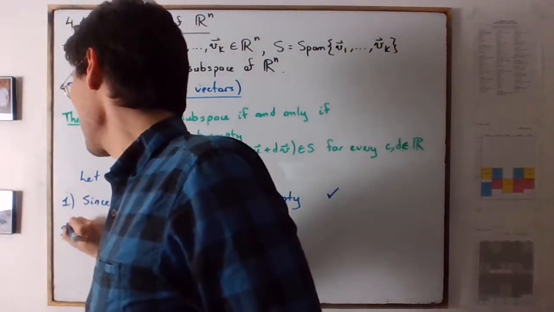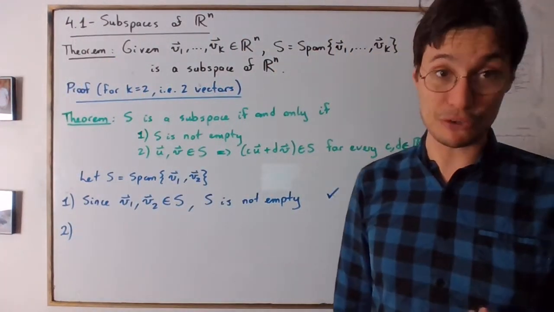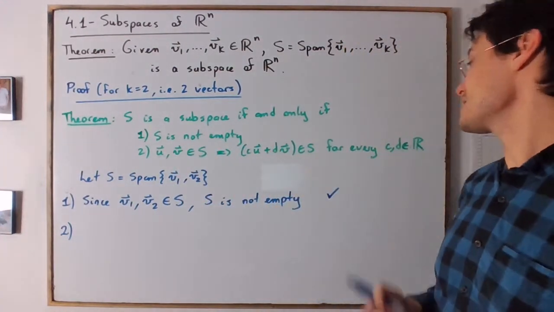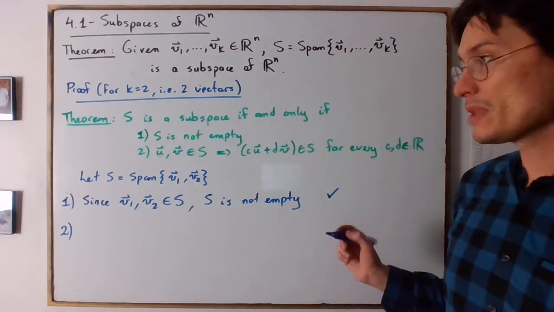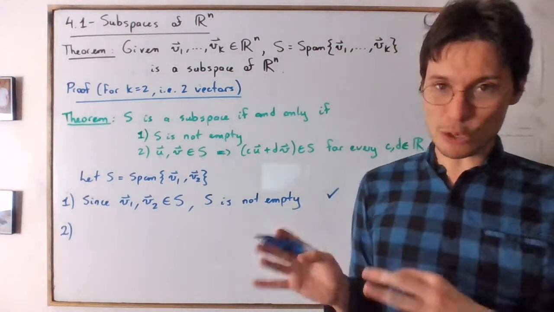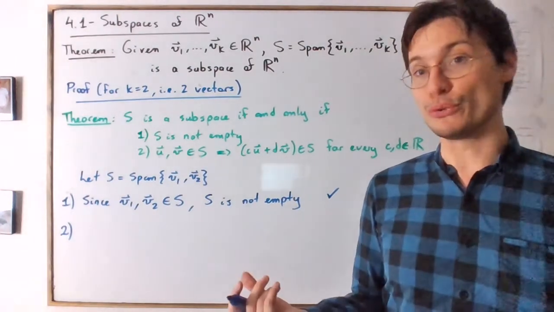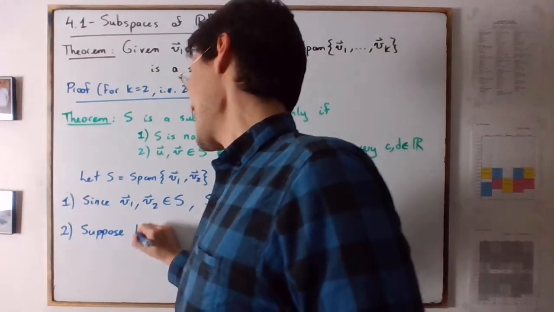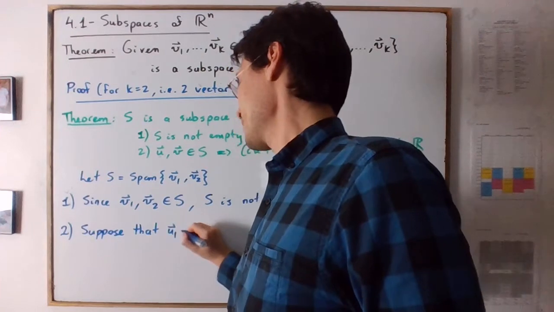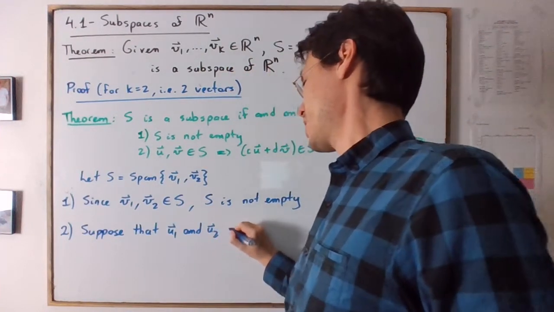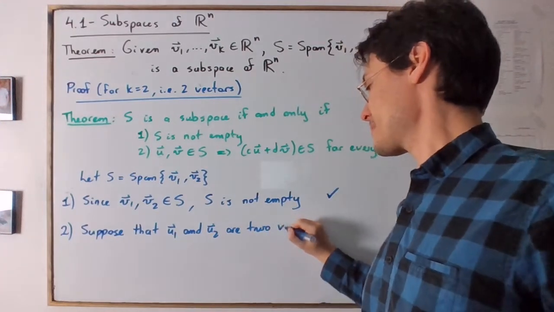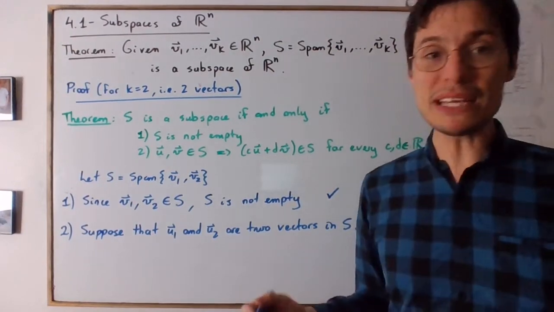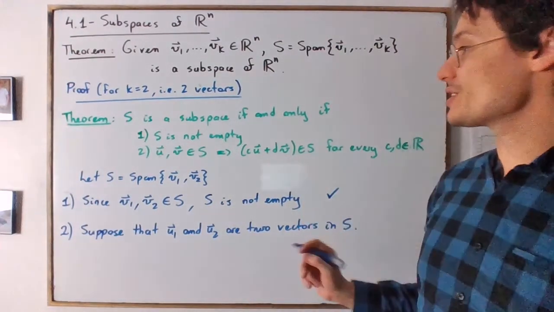Now, number 2 is a little bit more complicated, because what we have to do is prove that if U and V are vectors in S, then CU plus DV is also in S for every C and D in R. We're going to call these vectors U1 and U2 instead of U and V. So suppose that U1 and U2 are two vectors in S. What does it mean? It means that U1 is a linear combination of V1 and V2.